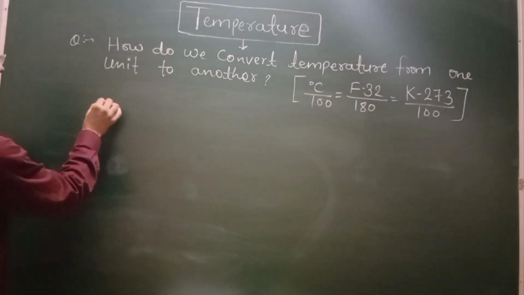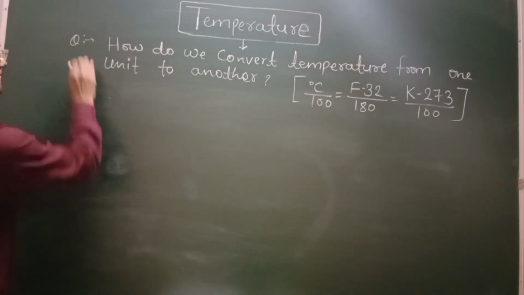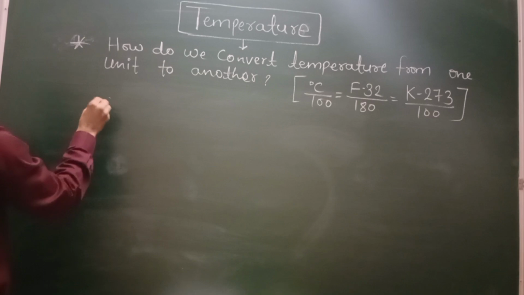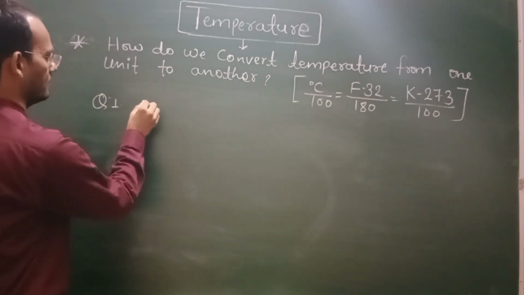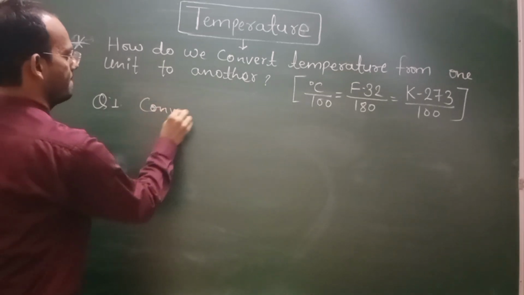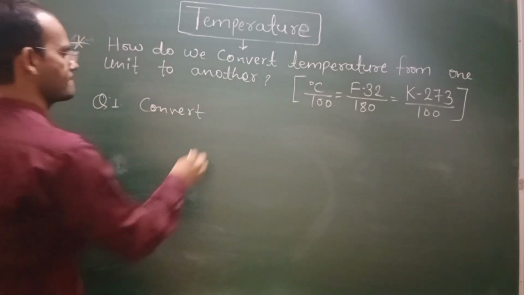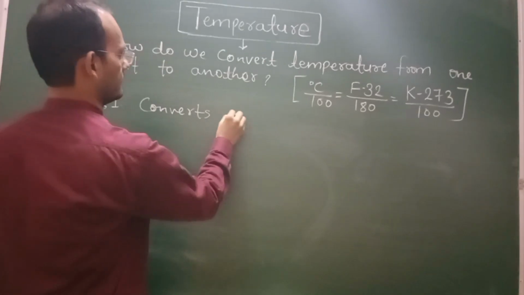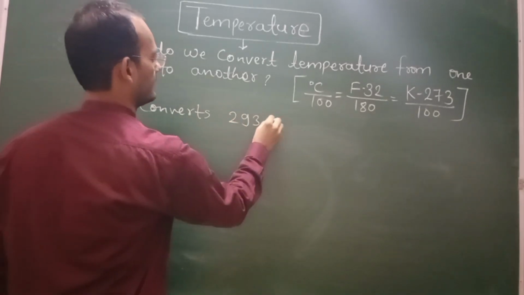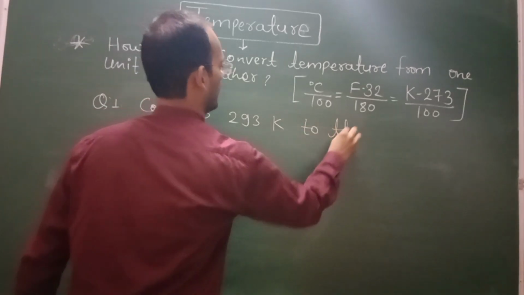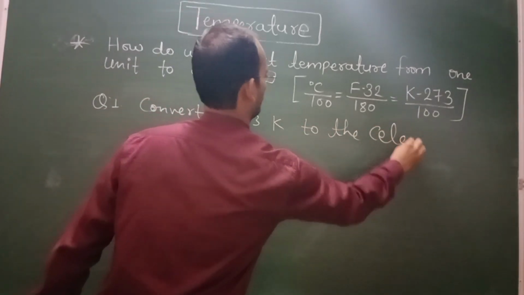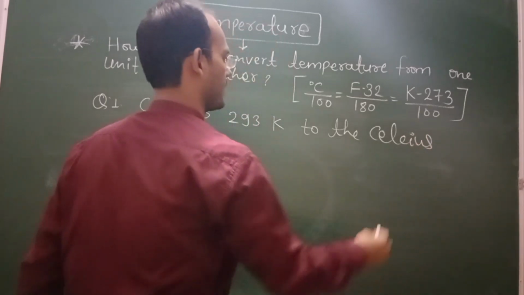First question. Convert 293 Kelvin to the Celsius scale.